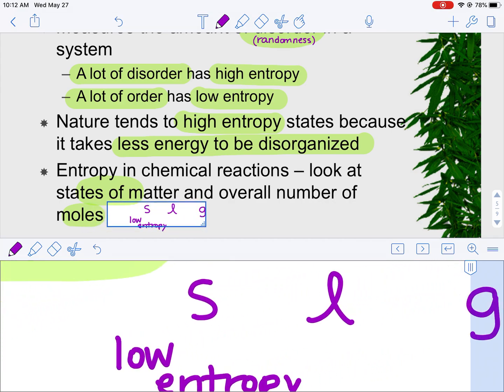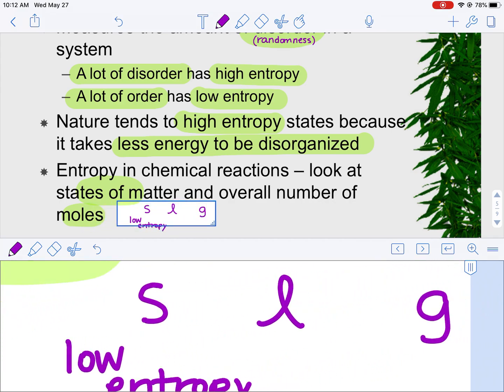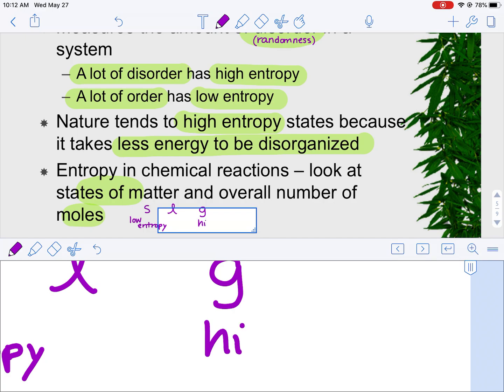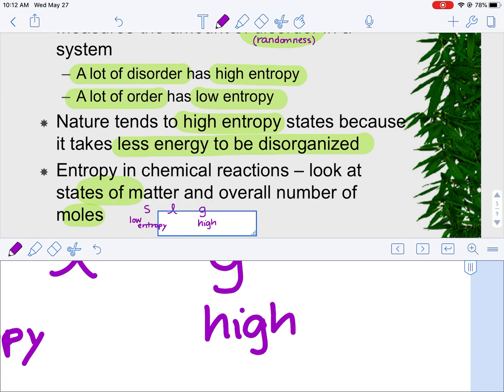As you move from solid to liquid, the particles start to separate and have a little bit of fluidity to them. And then as you progress to the gas, those particles are spaced so far out, they're random, they're moving around constantly. Here's where you're going to have your highest entropy. A lot of disorder.